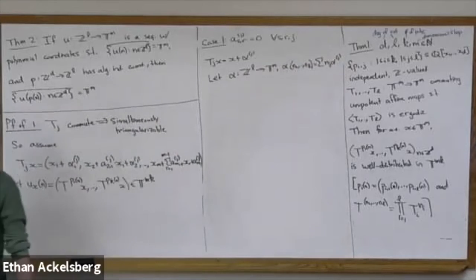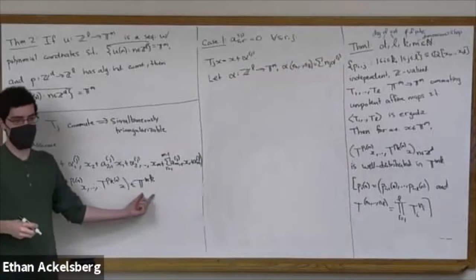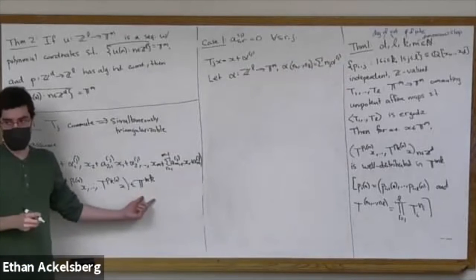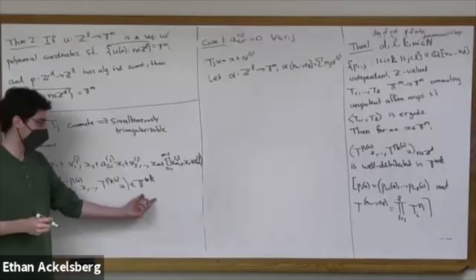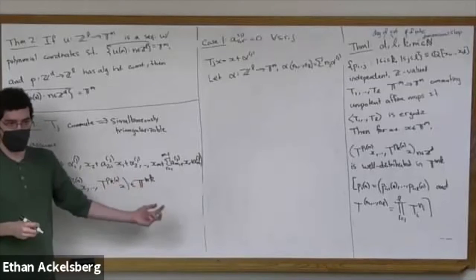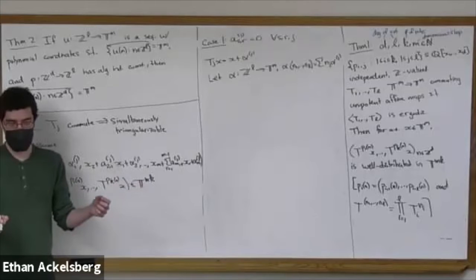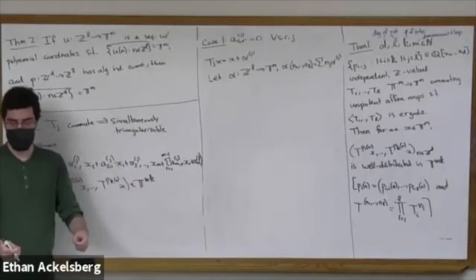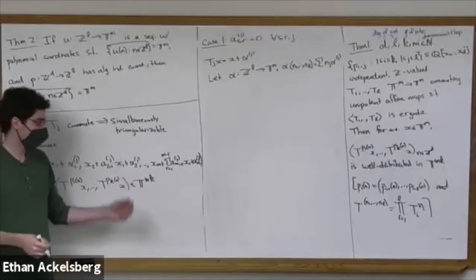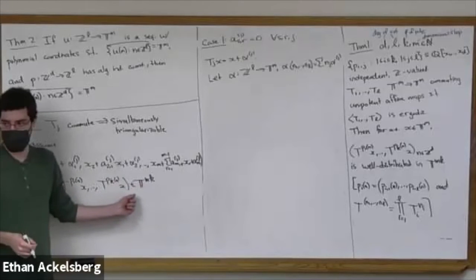Okay, so how do we show that something is well distributed in an m times k dimensional torus? Well, one way is that we can take a linear combination of the coordinates to get a sequence in the one-dimensional torus. And if all of such sequences generated that way are well distributed in the one torus, then we have well distribution here.